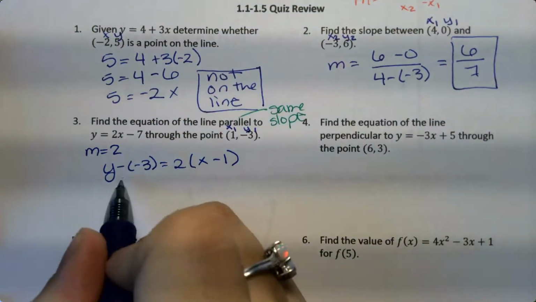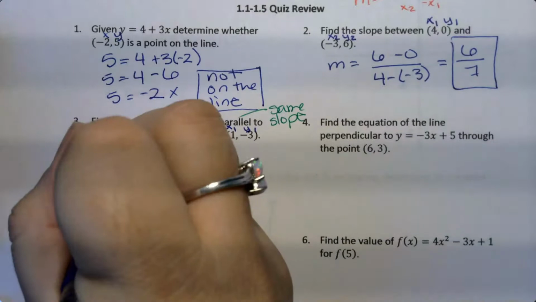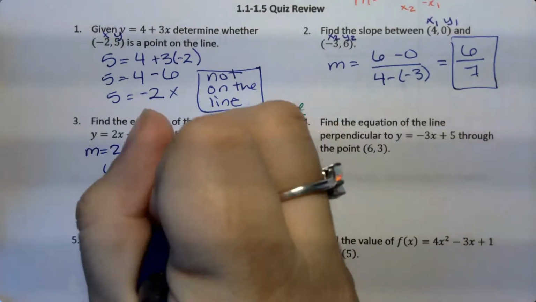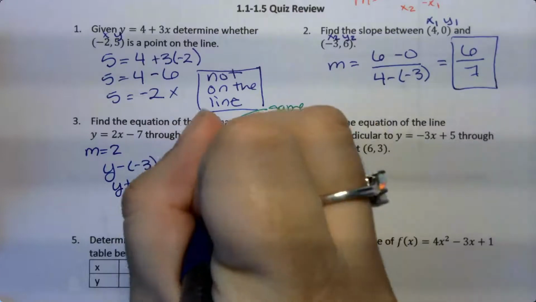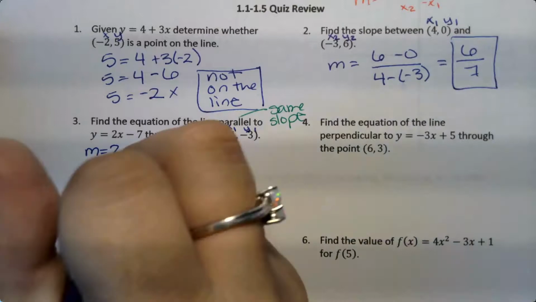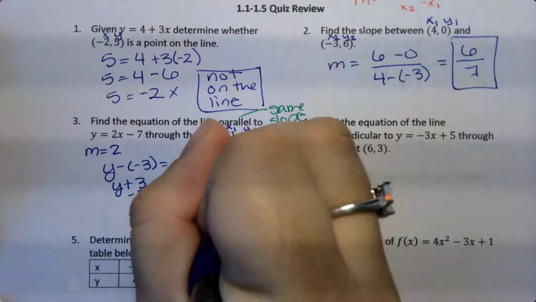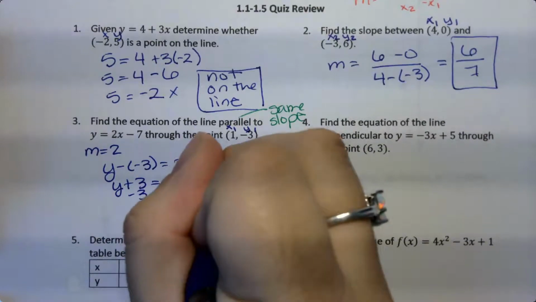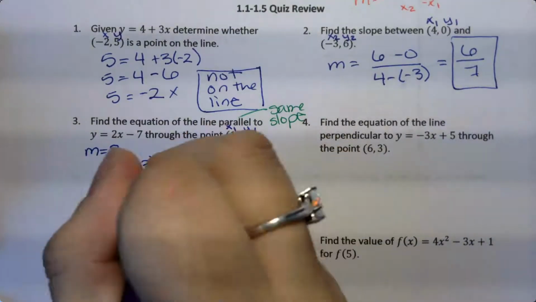On this left side, I have double negatives, so that's going to be y plus 3. On the right side, I want to distribute that 2. I'm going to have 2x minus 2. Then I want to get my y isolated, so I'm going to subtract 3 on both sides. This is going to give me y equals 2x minus 5 for my final answer.